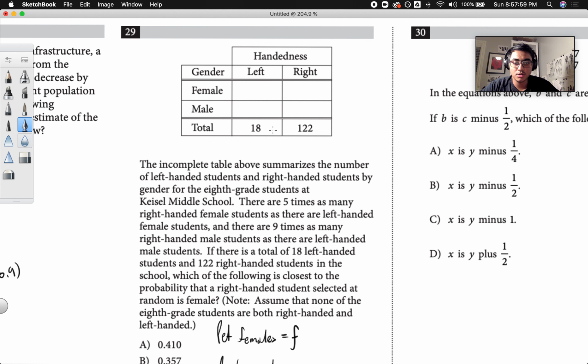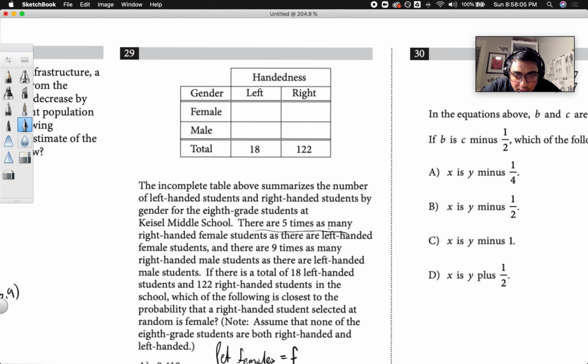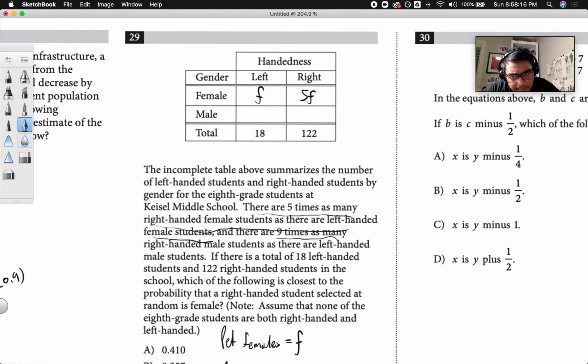But we do know the ratio between the left and right-handed people within that gender. So there are 5 times as many right-handed female students as left-handed female students, so 5 of F compared to 1 of F on the left. And there are 9 times as many right-handed male students as left-handed male students, so it'll be 9 of M for every M.